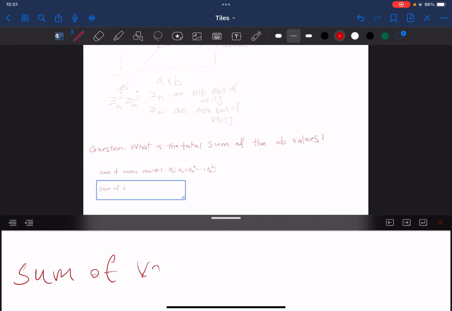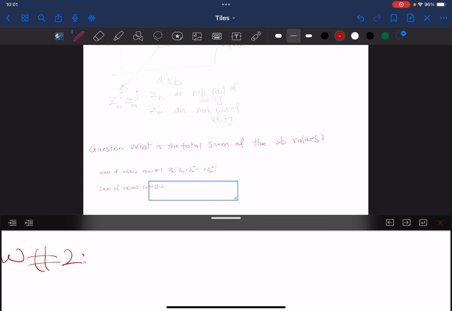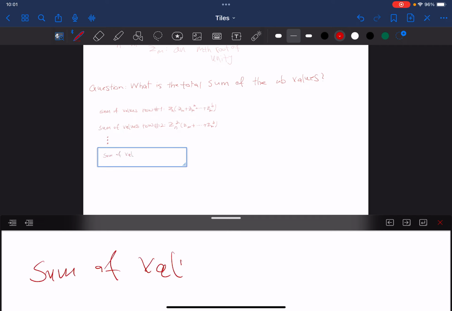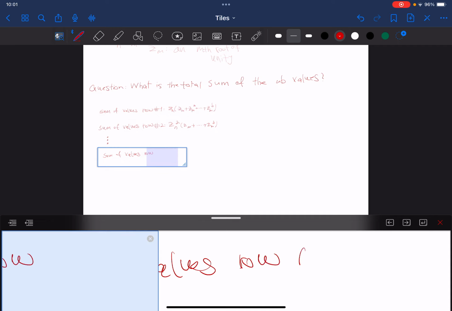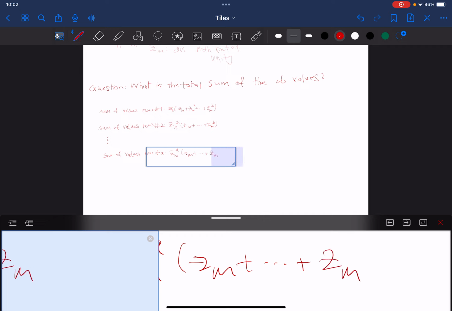Sum of values, row number two, it's Zn to the power 2, then the same factor as the first row. I can repeat this till row number A, which is Zn to the power A times the same factor as all the other A minus 1 rows.